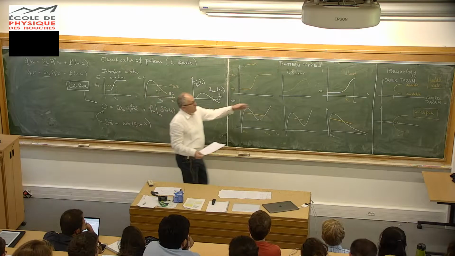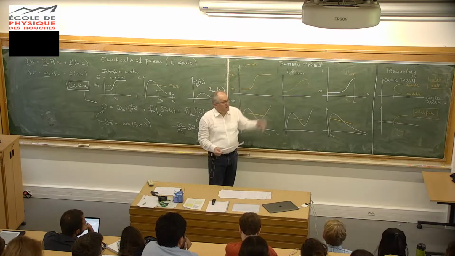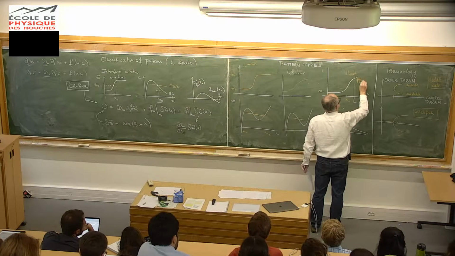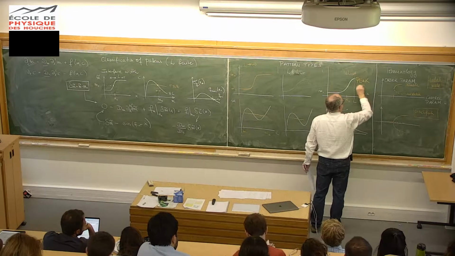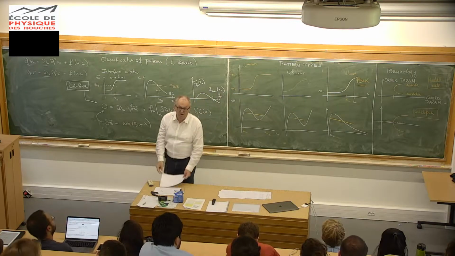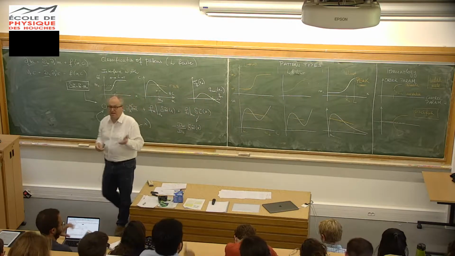Then you don't have a plateau on the right hand side. Instead, you have a peak. Okay, so you get a peak pattern for a nullcline like so.